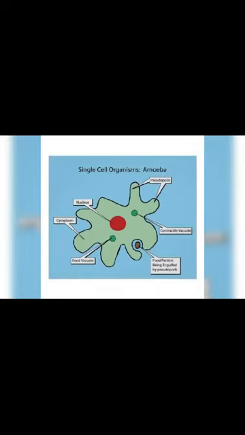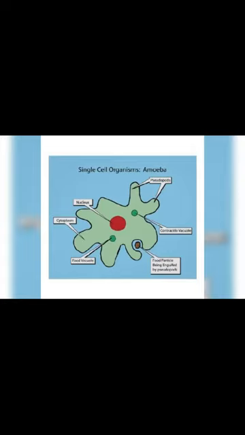That means a single cell performs the entire metabolic activities. For example, amoeba is a single cell organism. It takes food with the cell and excretes with the same cell. So we call them unicellular organisms.